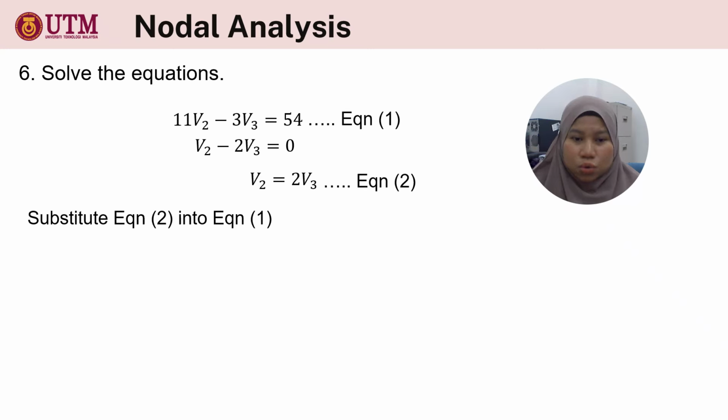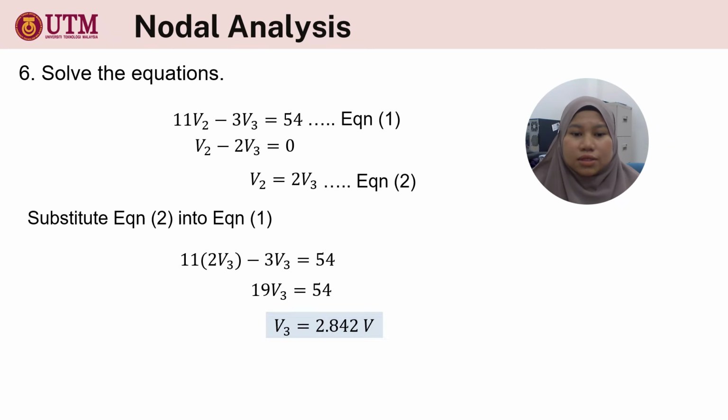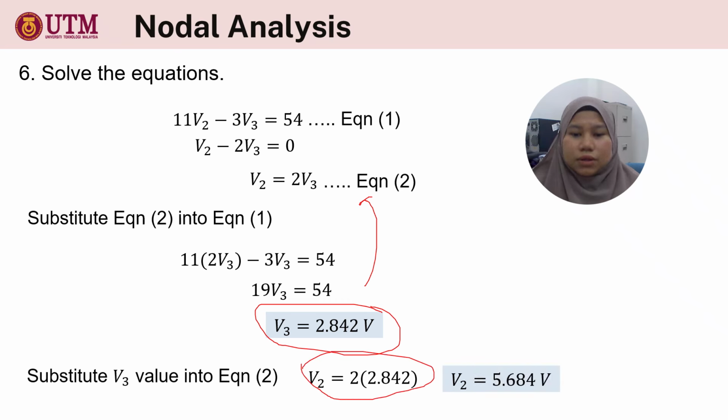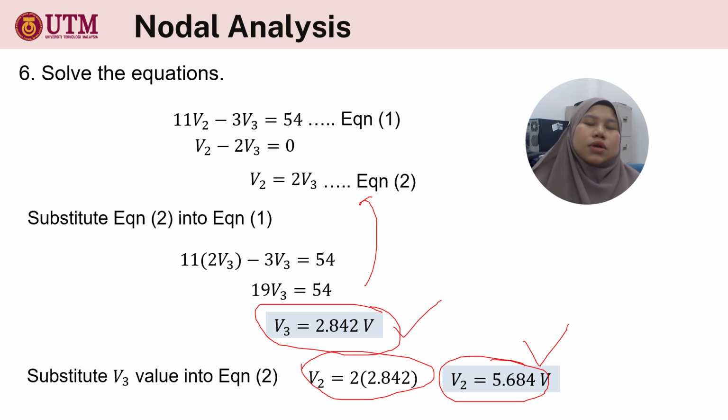You substitute equation 2 into equation 1 and you get this value. Then you substitute the V3 value again into equation 2 here, and you get this value. This is the answer, V3 and V2.